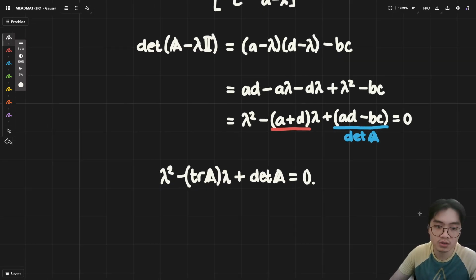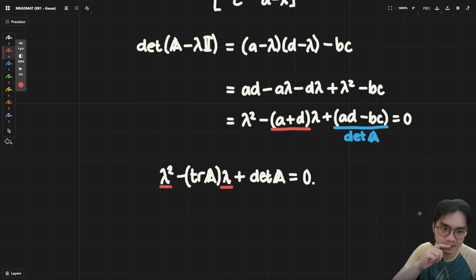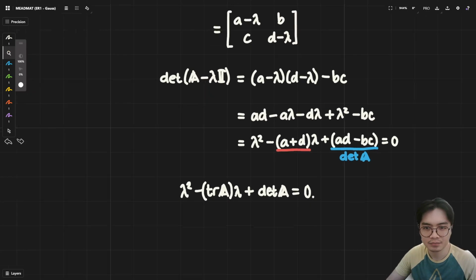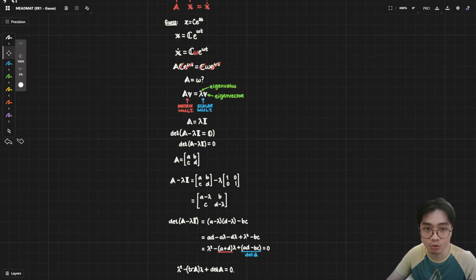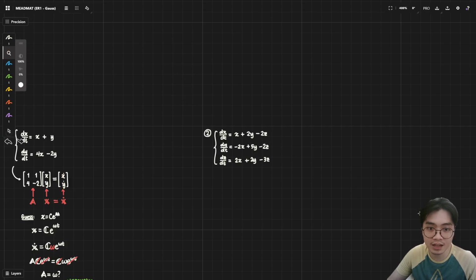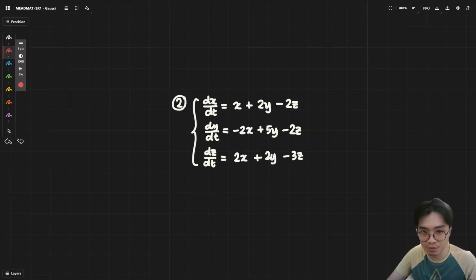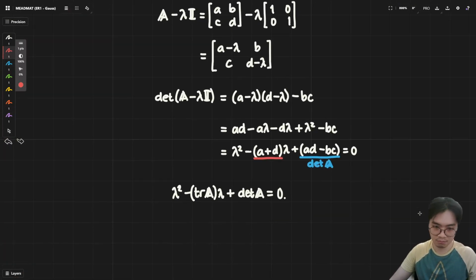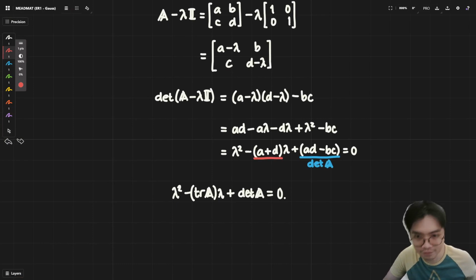This means you can now apply the quadratic formula to your lambda. Of course, that is for 2 by 2 matrices. I cannot tell you anything for 3 by 3 matrices using this, but it's useful enough.